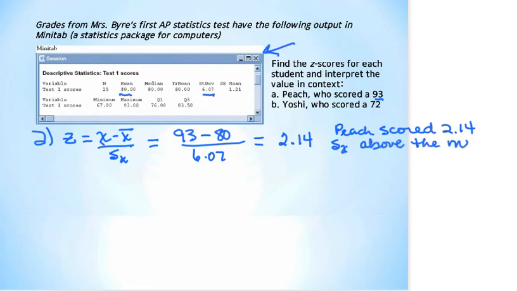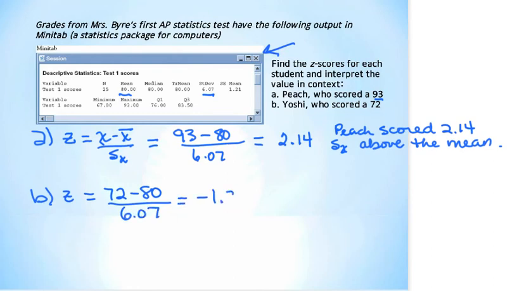Peach is pretty smart. Now let's look at Yoshi. Yoshi scored a 72, minus the mean of 80. Clearly we can already see that he is not as smart as the average person. Divided, or maybe not on this test, by the standard deviation. When I plug all this in, I get negative 1.32. It is okay to have a negative z-value.